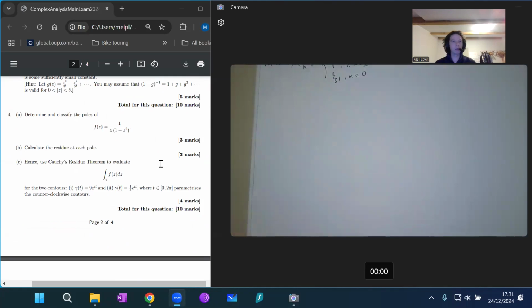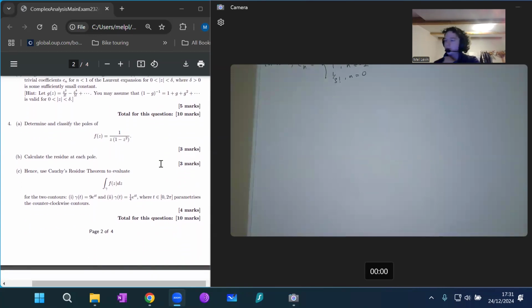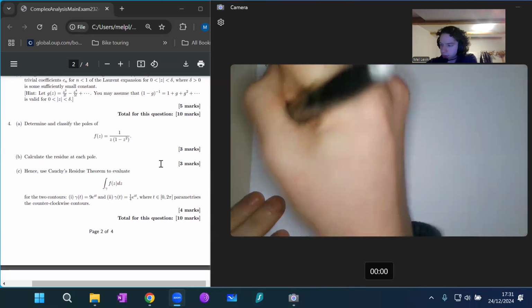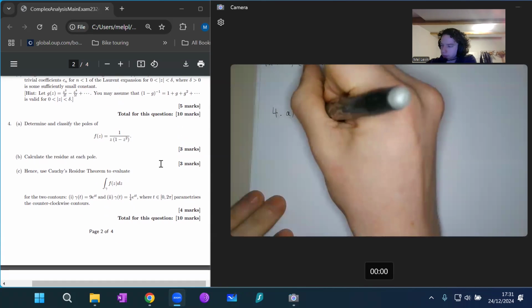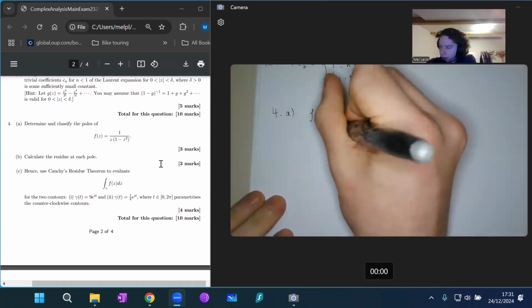Determine and classify the poles of f(z) = 1 over z times (1 minus z squared). Again, the poles are going to occur when we're dividing by 0.